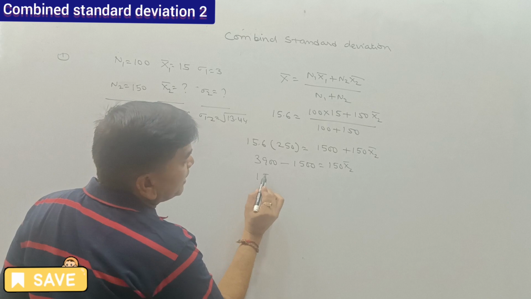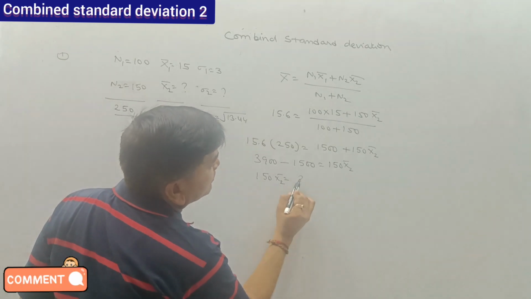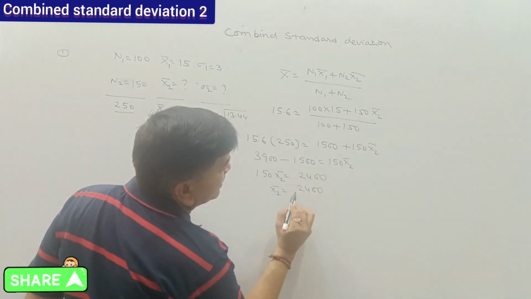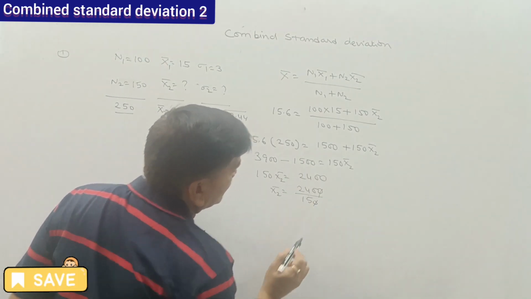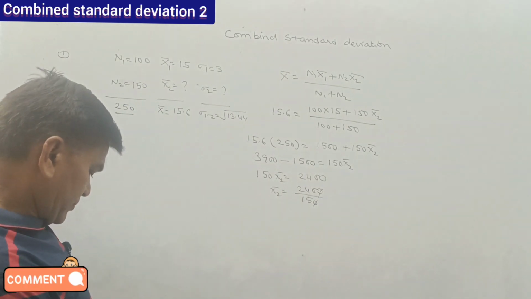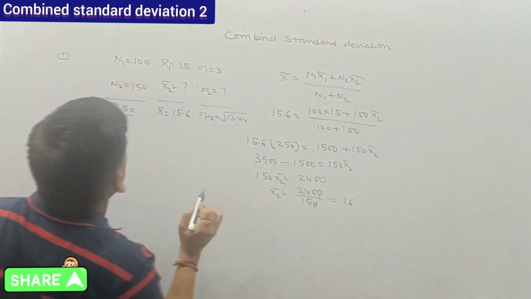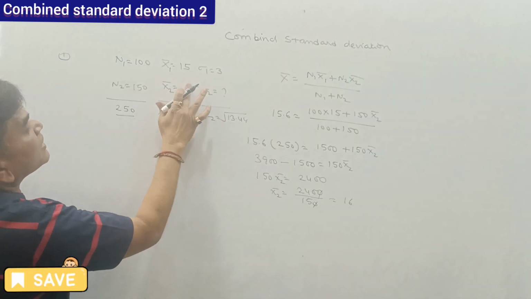So 150 X bar 2 is 2400, and X bar 2 is equal to 2400 divided by 150. So the value is 16.